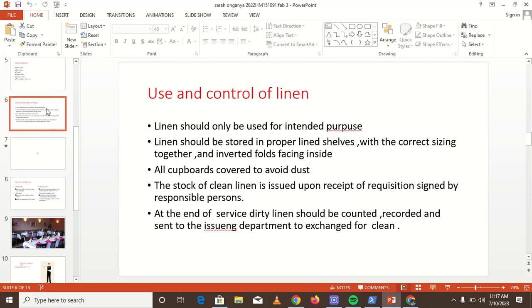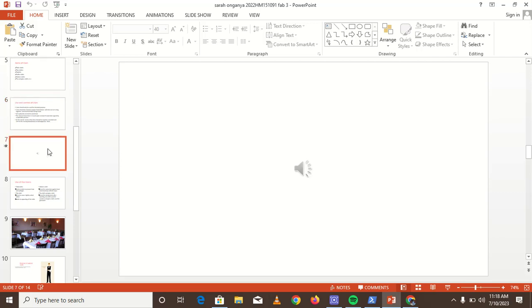This comes when you're going to receive your linen for the use of the day. At the end of the service, dirty linen should be counted, recorded, and sent to the issuing department to exchange for clean. In our next slide, we have a recorded voice that you can use for your revision.